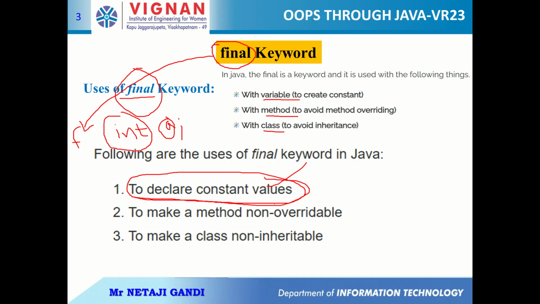Coming to overriding, the parent and child have the same method name, same return type, everything the same, then it will be treated as an override. That point is very important.